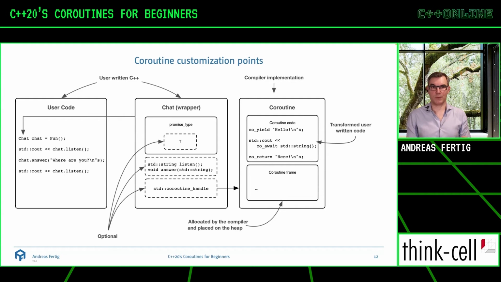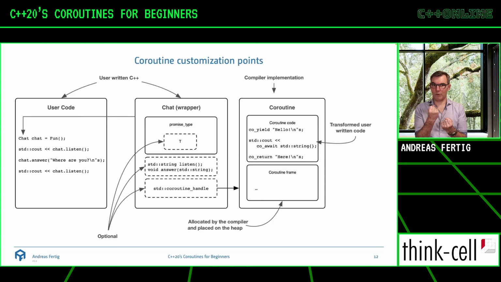It's up to us. That this wrapper type stores the coroutine handle, that's optional. We will later see an example where it doesn't do that. For my coroutine example, it's necessary. This coroutine handle then points us to the thing on the right. So this is our coroutine. And in there you can see we have the coroutine code.